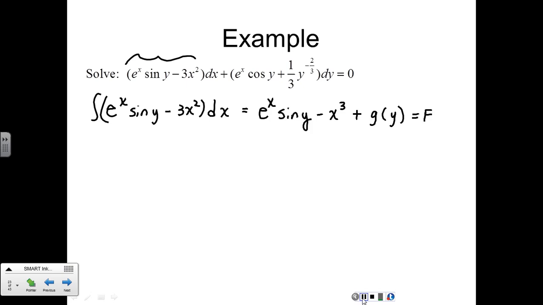So do the partial derivative of f with respect to y. That way we can compare it to that other part. So if I do the partial of f with respect to y, looking right here, e to the x is a constant. Sine of y, the derivative would be cosine of y. The derivative of this with respect to y would be nothing. And this would be g prime of y.